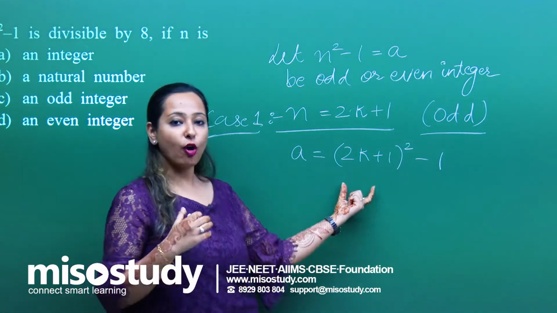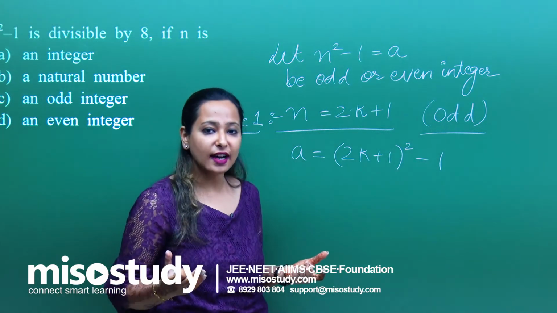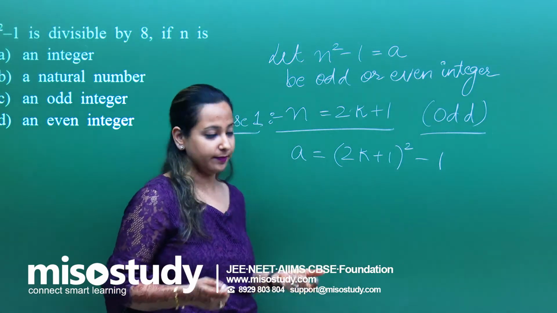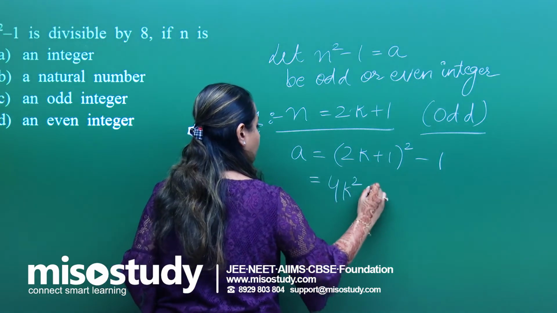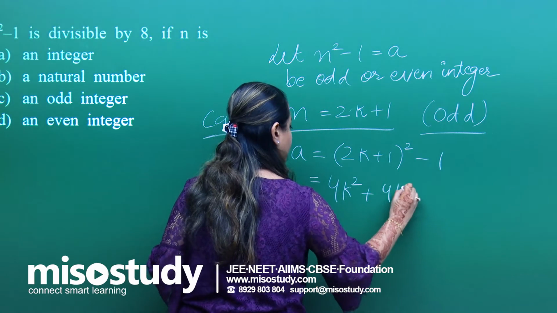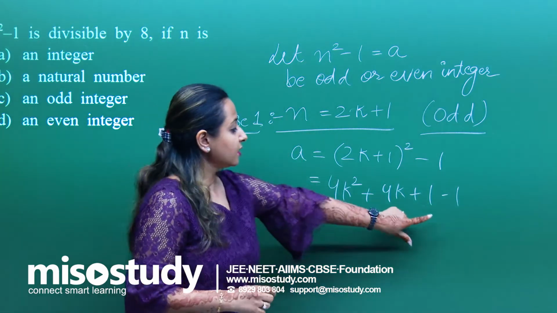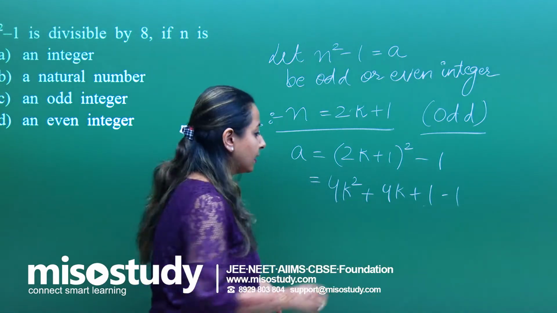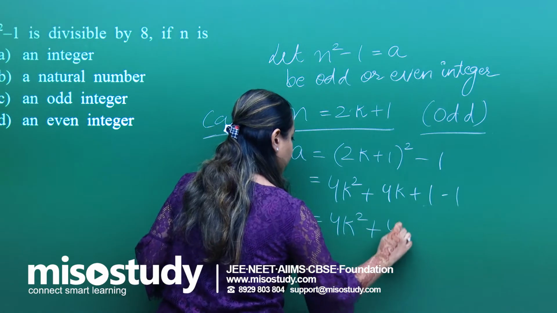Now this is a form of the (a plus b) whole square identity, so we will be using that identity to open this bracket. This will be equivalent to 4k square plus 4k plus 1 minus 1. Now the 1 and 1 will get cancelled and you will get 4k square plus 4k.